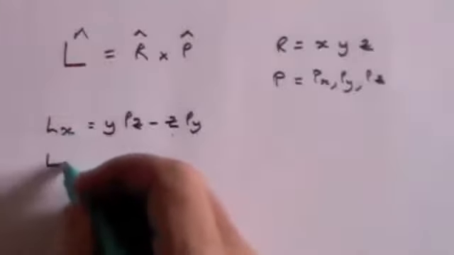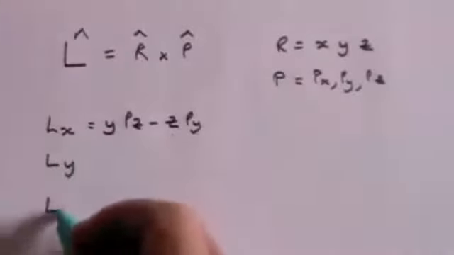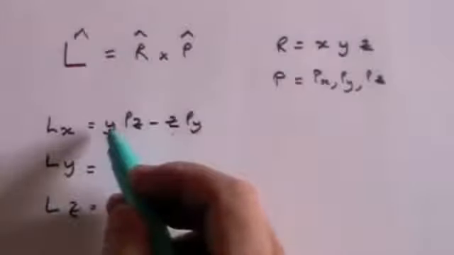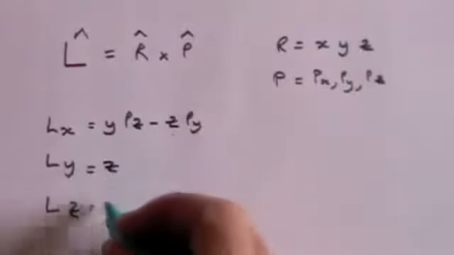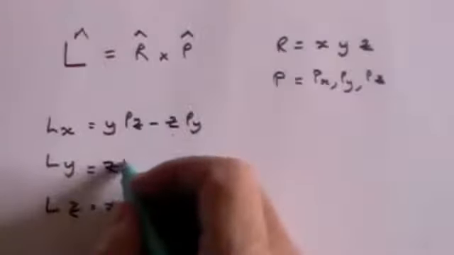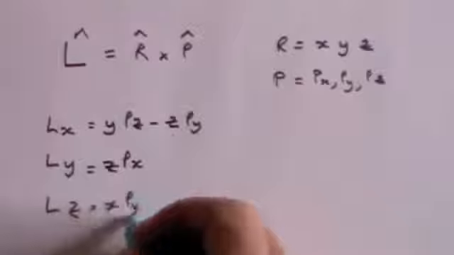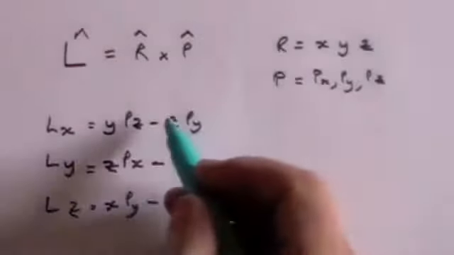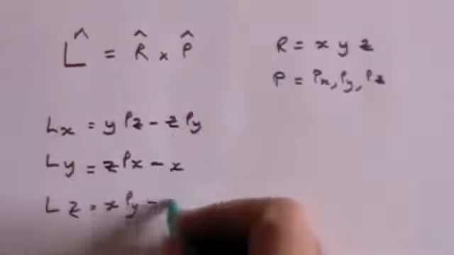So Lx, next one is y, Lz equals, and now cycle from y, so that's going to be y z x. Here you're going to cycle from z, so that's going to be px, py. The minus terms are always the same. Cycle from z, you get x, y.